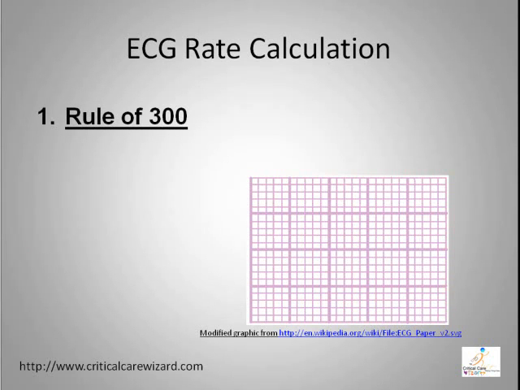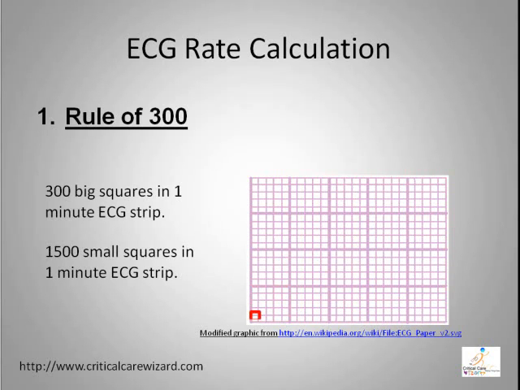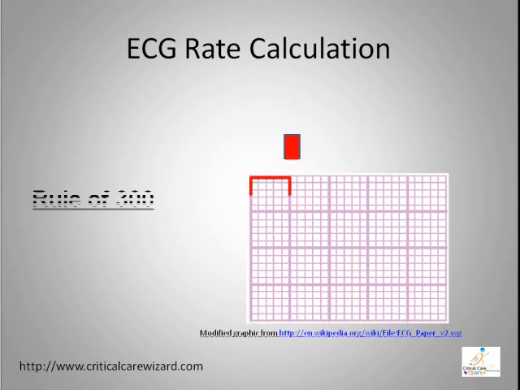The basic assumption of the rule of 300 technique is to calculate heart rate in a 1 minute ECG strip. There are 300 big squares in a 1 minute ECG strip, or 1500 small squares. If 2 ECG waves fall in one big box, heart rate is between 200 to 300 per minute.